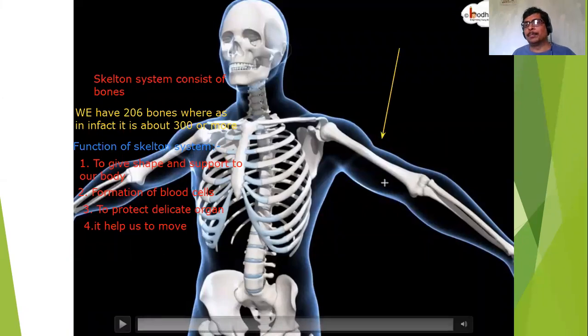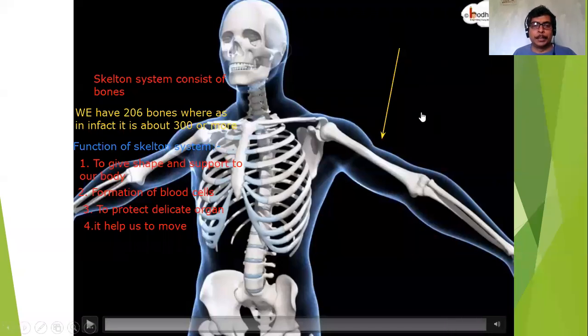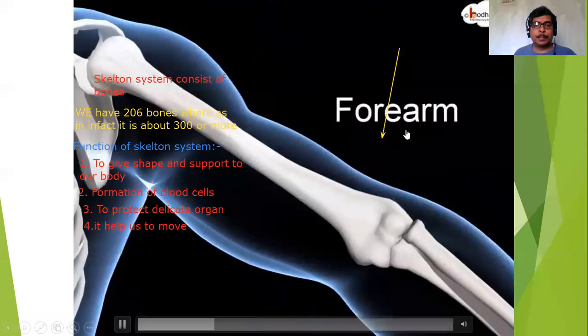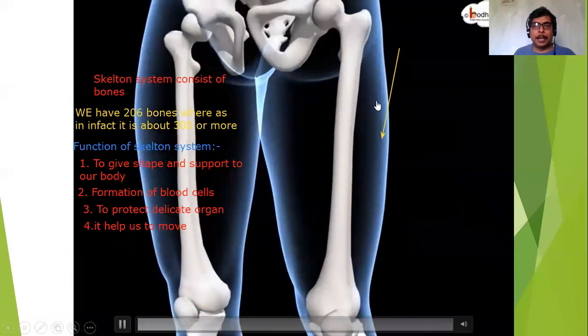Next, this is one of the longest bones. The thigh is also an example of a long bone. This is also called the femur. The femur is the longest bone in our body. I hope it is clear.